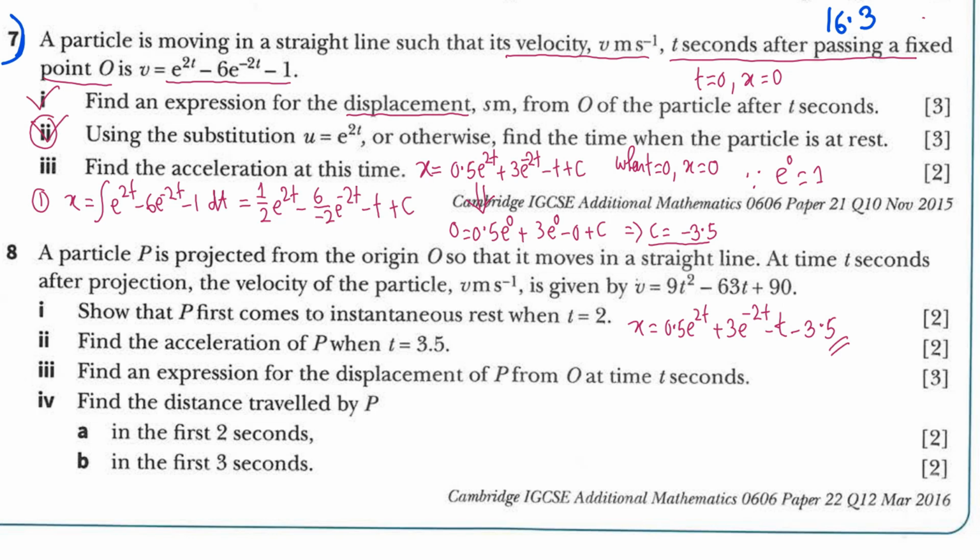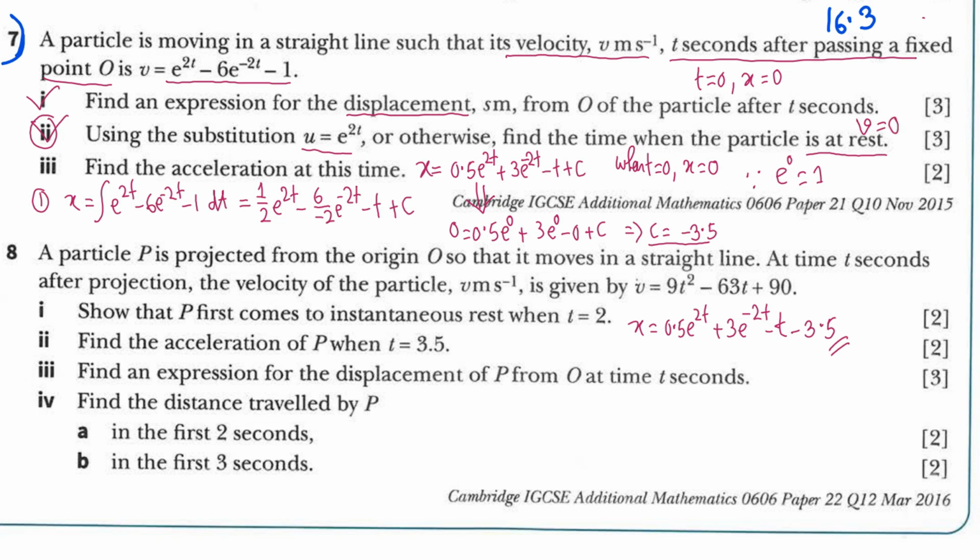The second part written here says: use the substitution u equals e to the power 2t, or otherwise, find the time when the particle is at rest. As I told in my previous tutorial, if it says at rest, it means that we need to consider the velocity as 0.